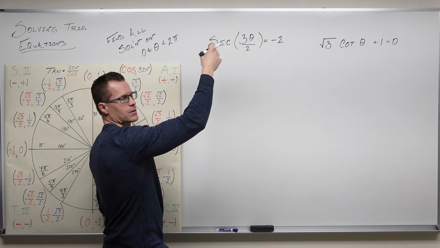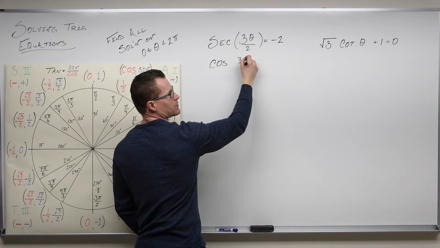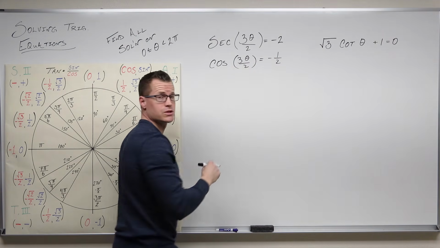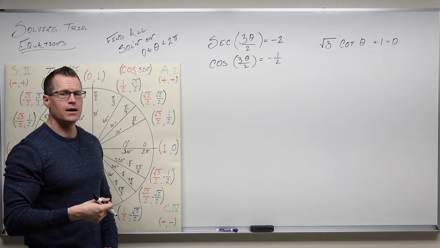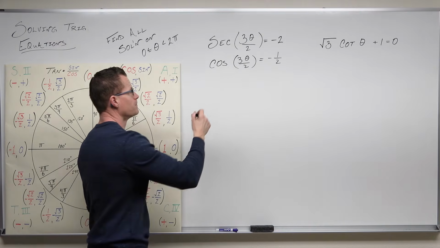So if secant of 3 theta over 2 equals negative 2, then cosine of 3 theta over 2 equals the reciprocal of negative 2, or negative 1/2. Now we're set. Now we're going to call this alpha. We're going to solve this just like we normally did.